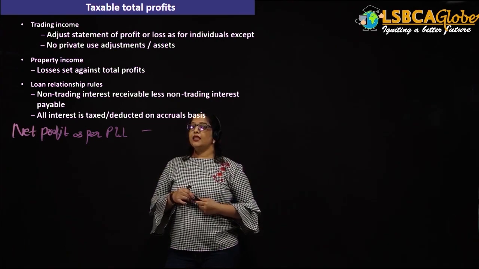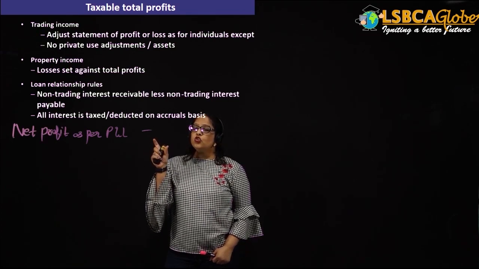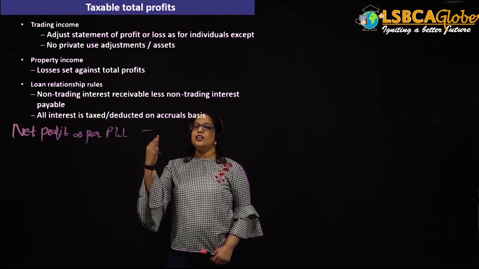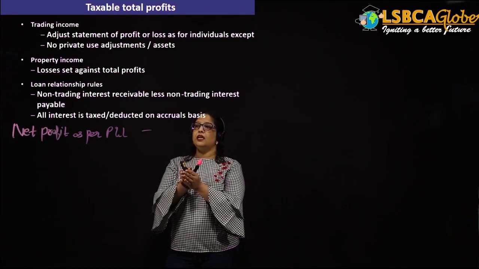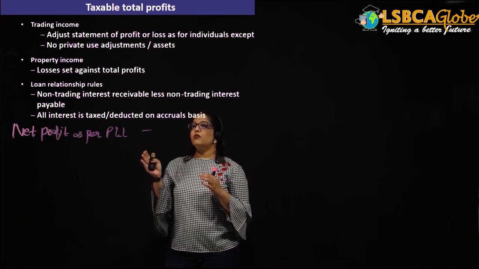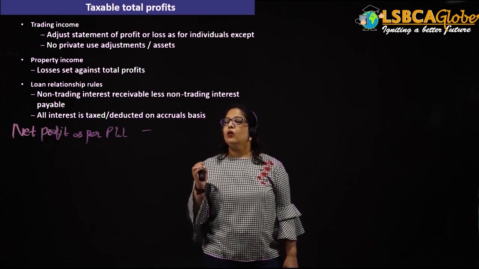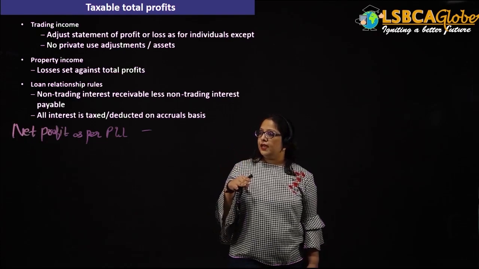So class, you will start from the wrong figure. The expenses which should not be there but have been taken here, add them back. Whatever the incomes are there which are disallowed but have been credited, just deduct them.